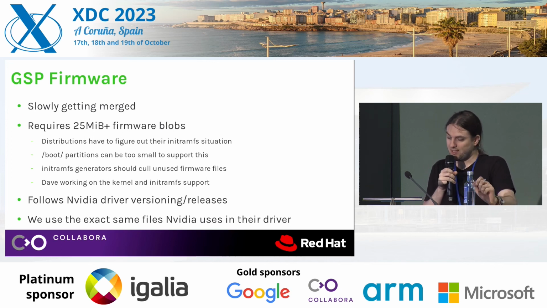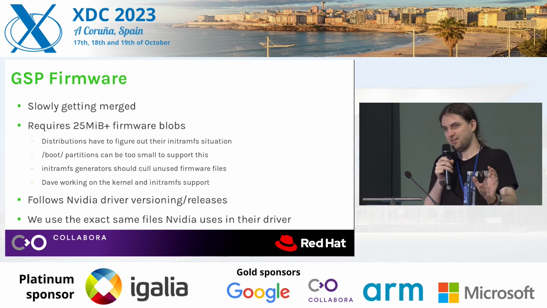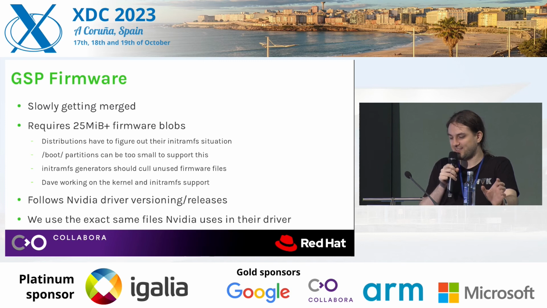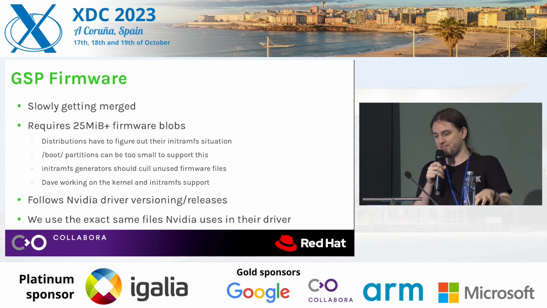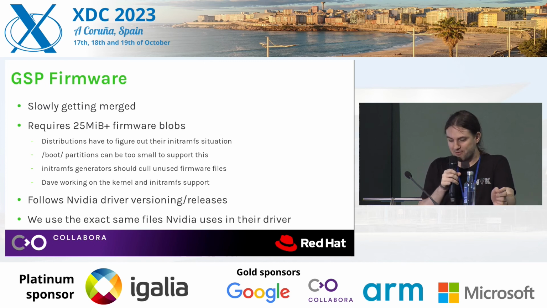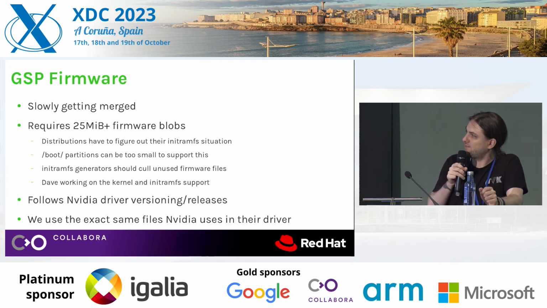The annoying thing about this firmware is it's 25 megabytes big per file. And currently we need 2 of them. And because we have to ship the old version of this firmware file and the new version because of kernel rules and everything, and we will support more generations going forward, this will explode.